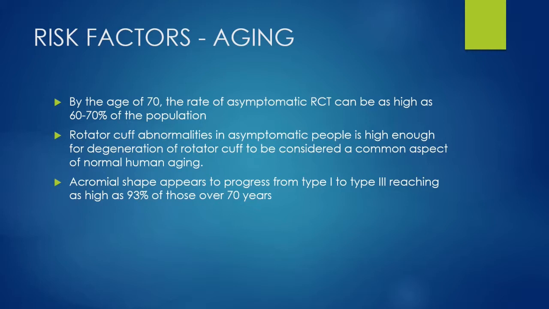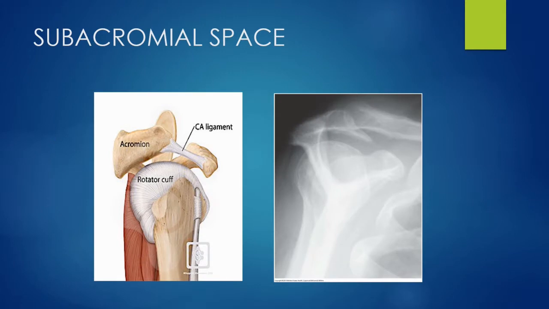So let's take a look at some of these acromion shapes and how these acromion shapes affect the rotator cuff tendon. Okay, so here we have both an image and an x-ray of the shoulder complex depicting the acromion here, coracoid process here, head of humerus here, and the subacromial outlet indicated here under this space.